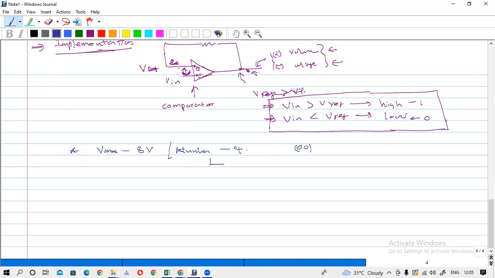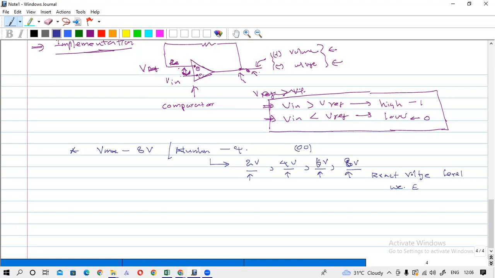And what are the voltages we can represent? That is 2 volt, 4 volt, 6 volt, and 8 volt. These are the exact voltage levels we can encode.